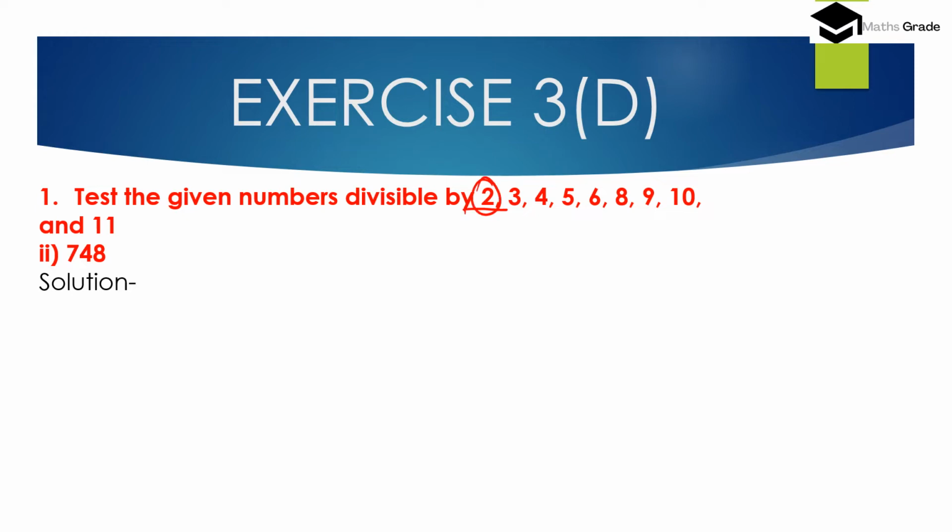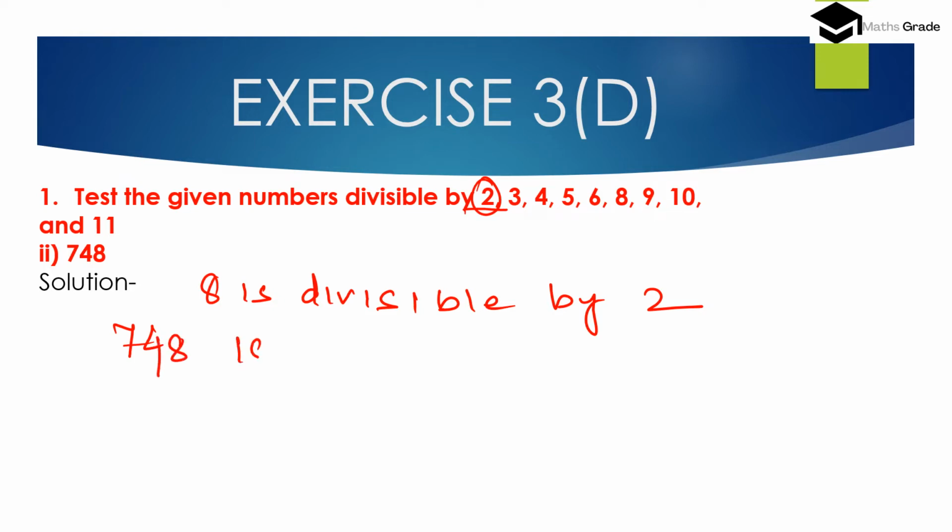We know any number is divisible by 2 if the last digit, that is the unit place digit, is divisible by 2, that is the unit place digit is an even number. So here in 748 the unit place digit is 8 and 8 is divisible by 2. So 748 is divisible by 2.